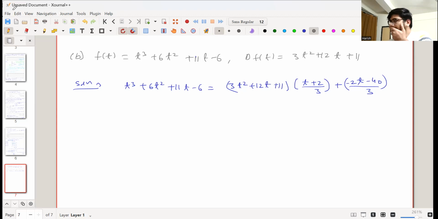Okay, so this is not equal to 0. So here you again have to do the division. So then you can check 3t square plus 12t plus 11. I'm sure that the calculation will become easier once you have minus 6t square.